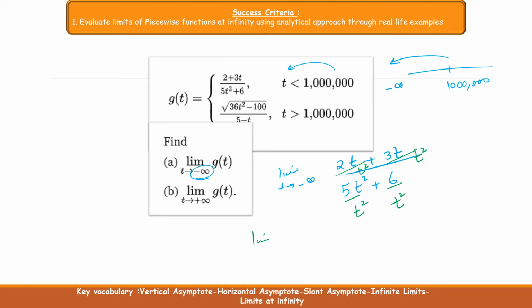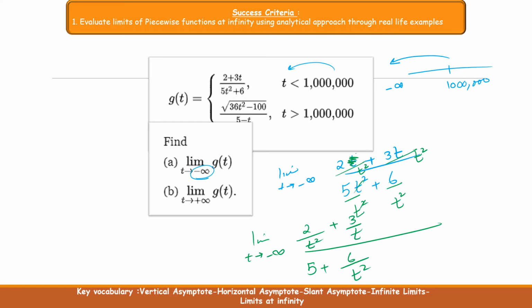Okay, so limit as t approaches negative infinity, solve it. t divided by t squared gives us 2 over t, 3t over t squared gives us 3 over t, t squared cancels so only 5 is left, and 6 over t squared.